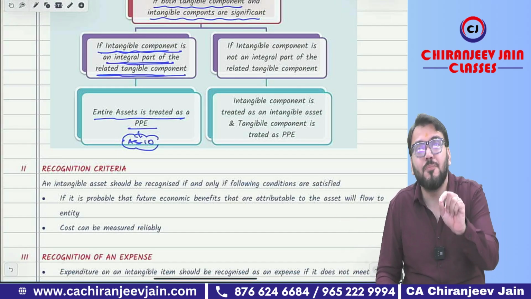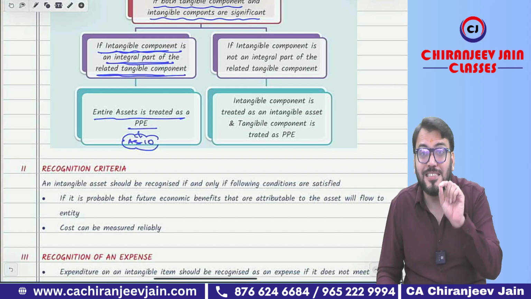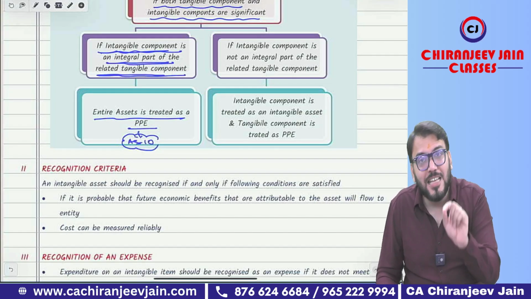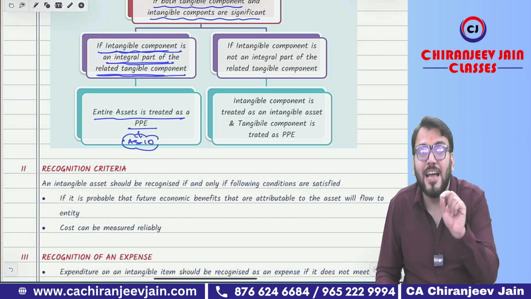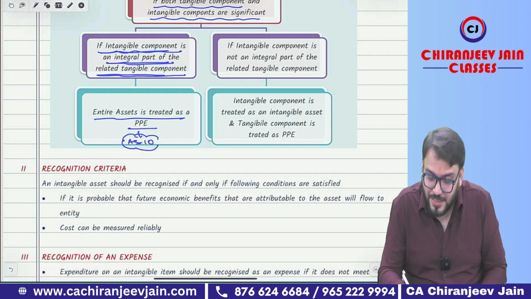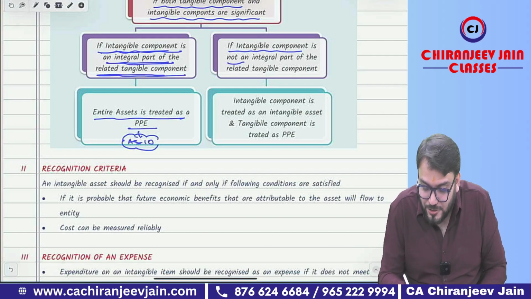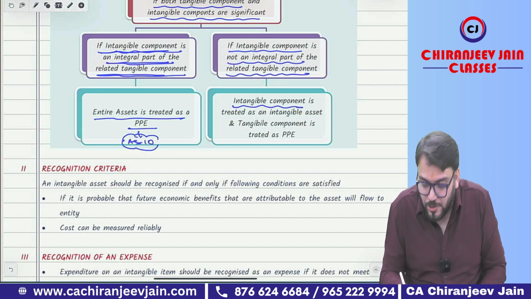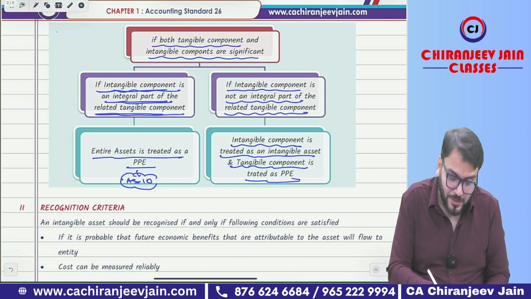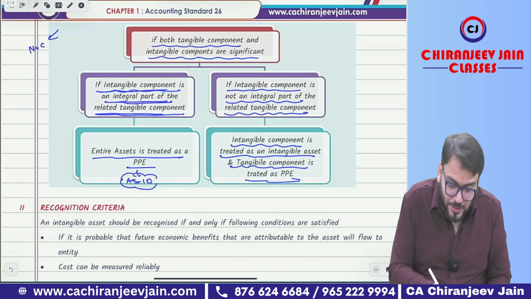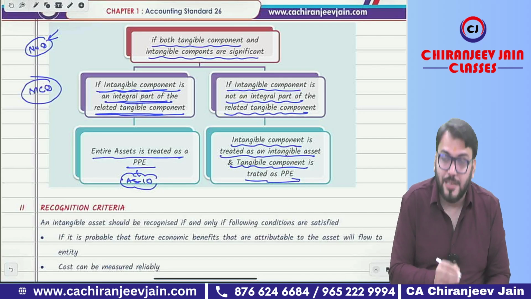It means both can be separated, and therefore we can apply different AS to the tangible and intangible components. In this case, the intangible component is treated as an intangible asset and the tangible component is treated as PPE. Till now, no question has been asked from this. But in MCQs, from my point of view, this type of question can be asked.